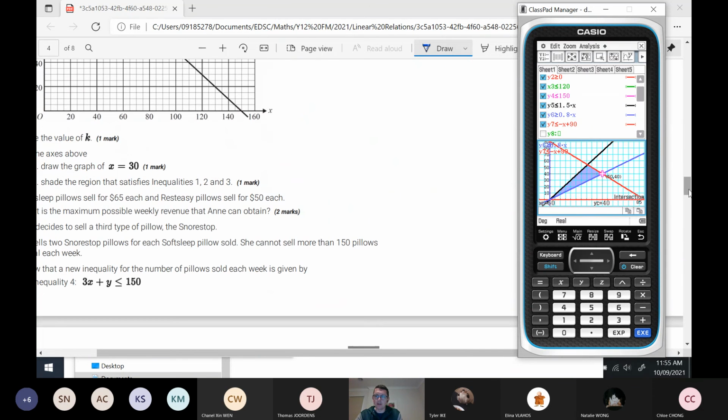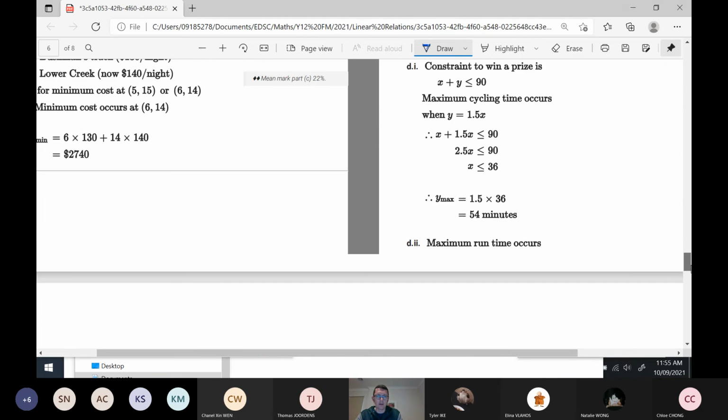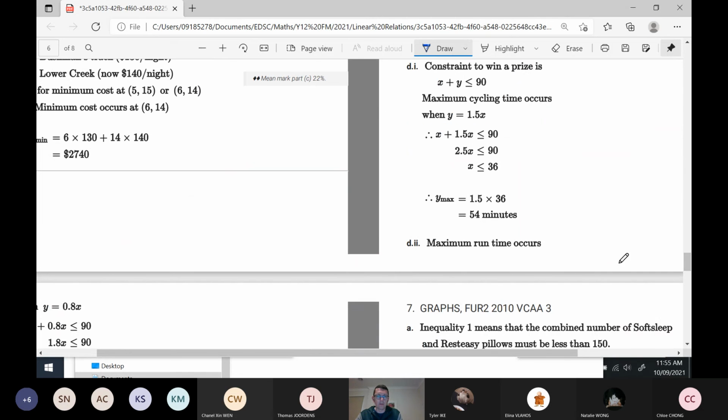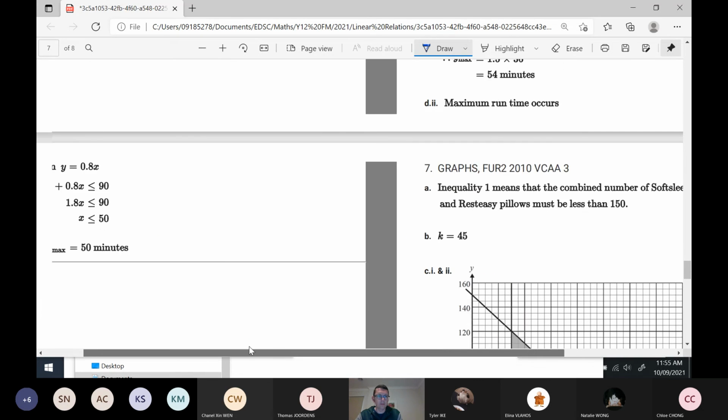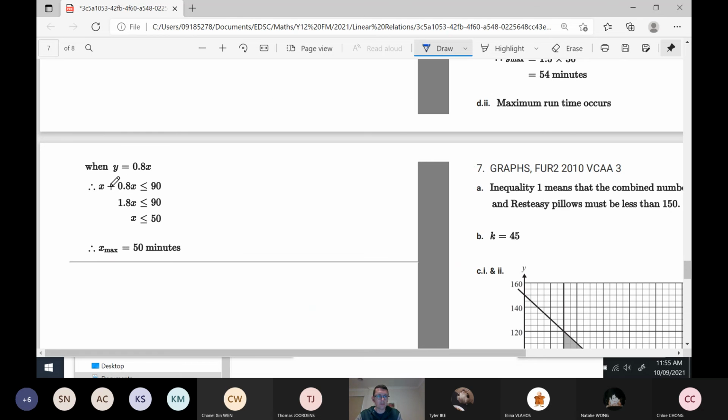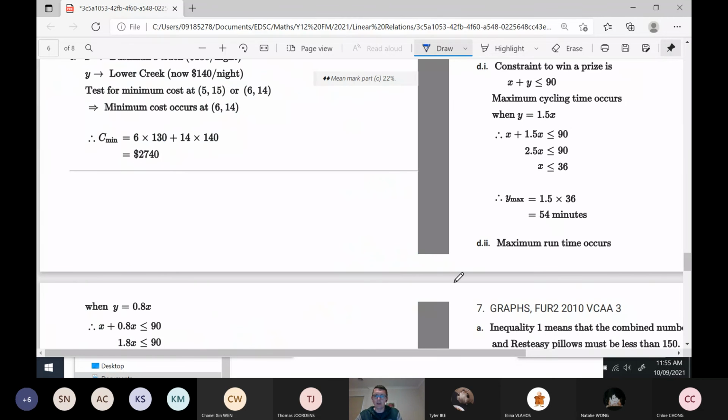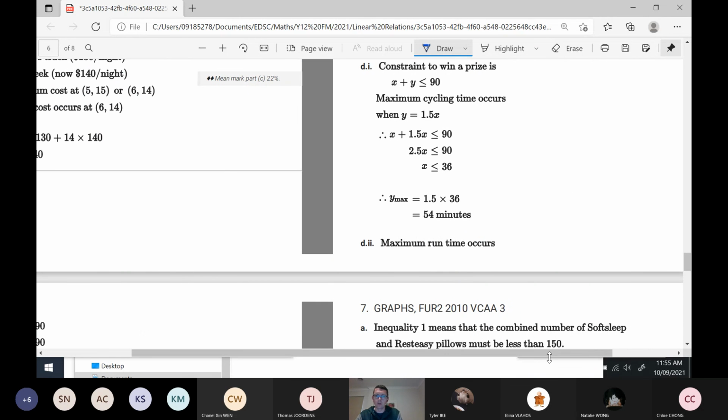Let's have a look at that. Do we get 60 for run? Why have I got 50? Why have I got 50?